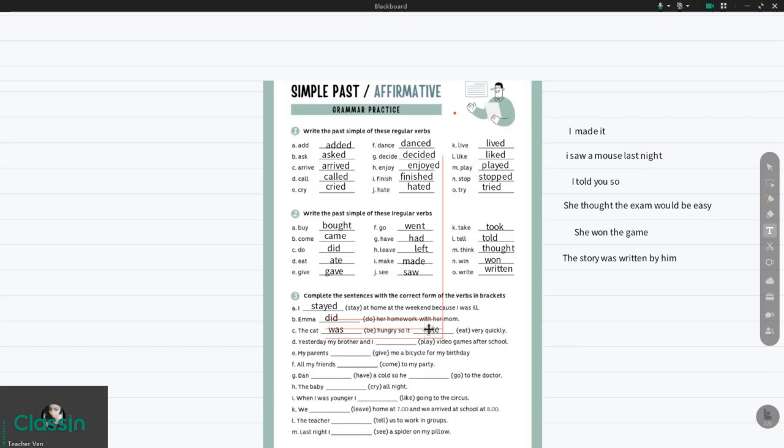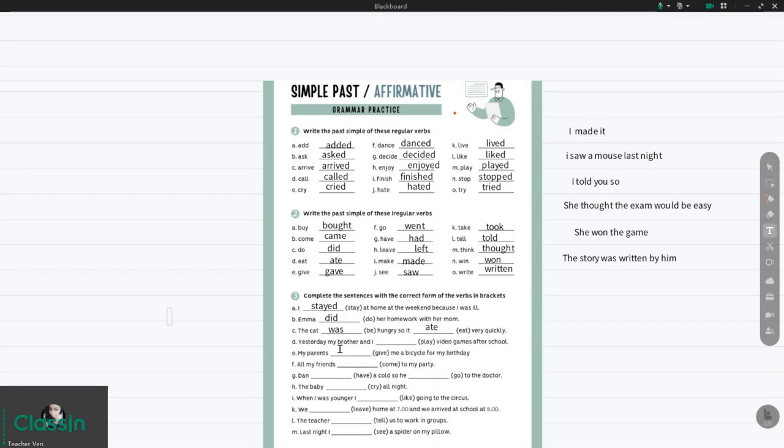Okay. So let's move it a little. I always want you guys to see the spelling, not just the tense form or the word, but also to be very familiar with the correct spelling, right? It's so important. Okay.